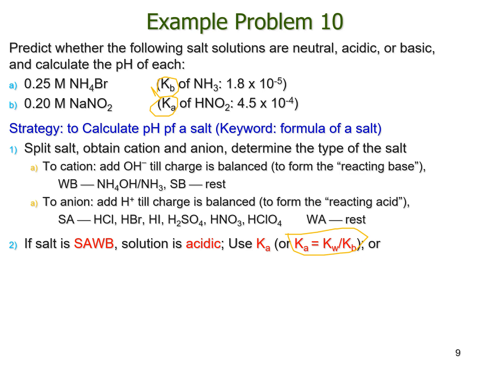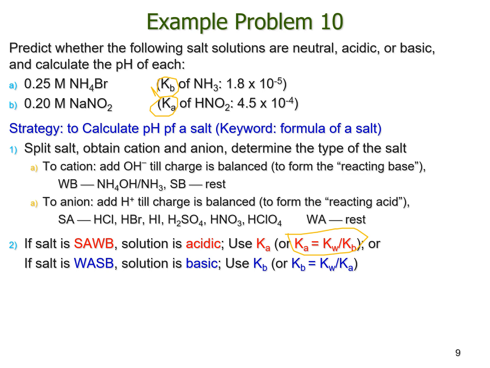Sometimes the question gives us the opposite K. We want a Ka, the question gives us a Kb instead. We want a Kb, the question gives us a Ka instead. Remember, Ka times Kb equals Kw. So we need to do this little bit of conversion so that we can get the K we want.